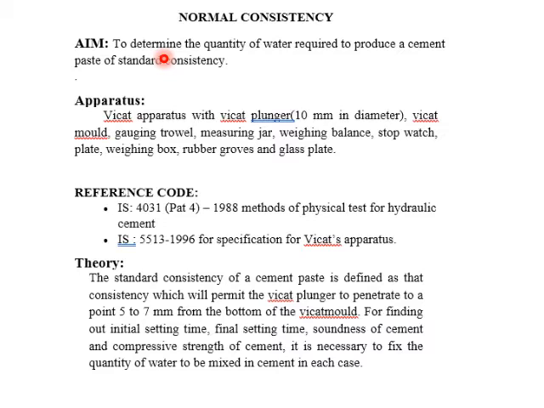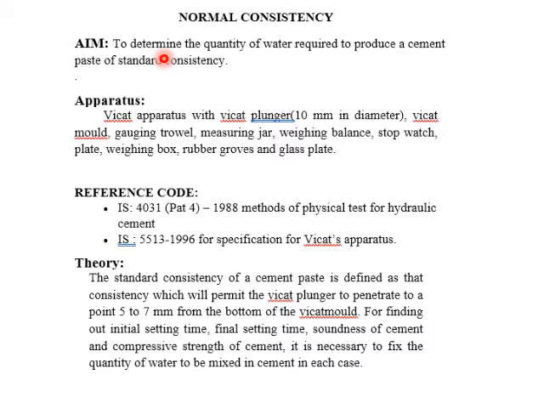That is the very important thing, because that decides the ultimate chemical properties of the compounds and the strength gain at the later stage. You need to add the right amount of water to get the right consistency. So today, from this standard consistency experiment, we shall study what exactly is that right amount of water for a particular sample of cement.